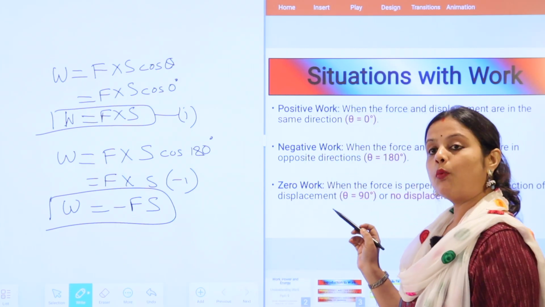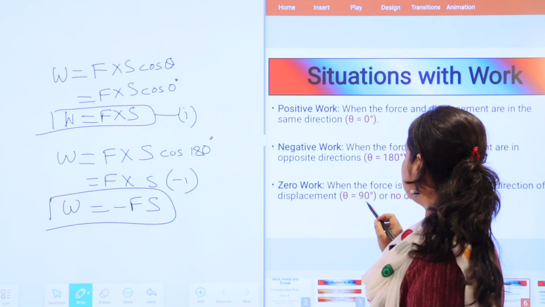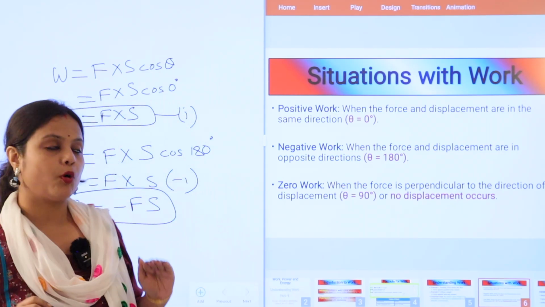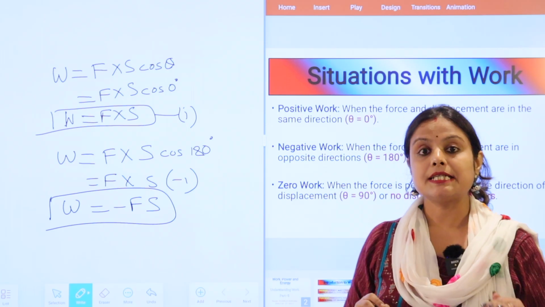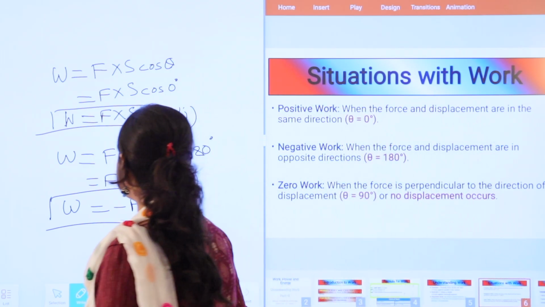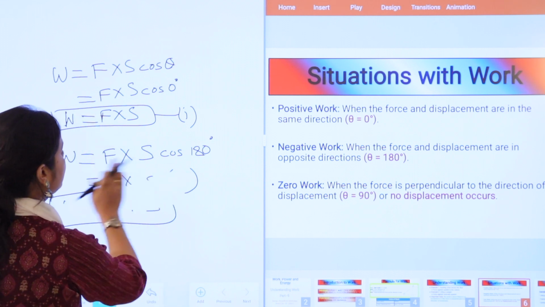Similarly, zero work is also done. What is it? For zero work done, theta has to be 90 degree. That means the angle between the displacement produced in the body and the force should be 90 degree. So let us replace that value and get the answer.